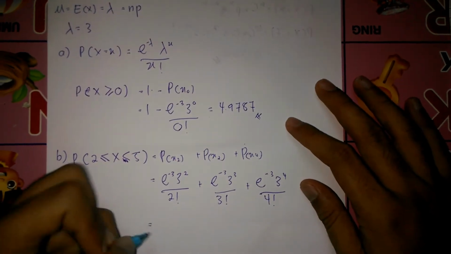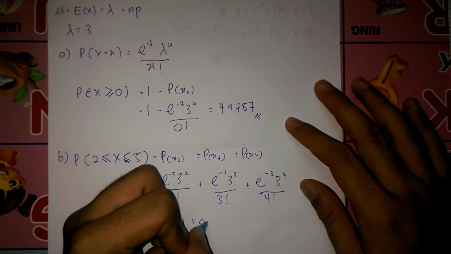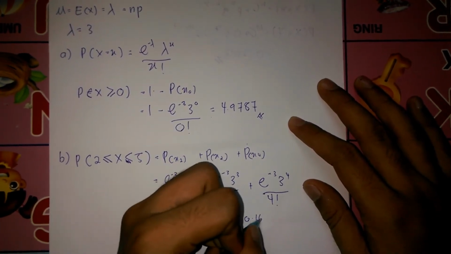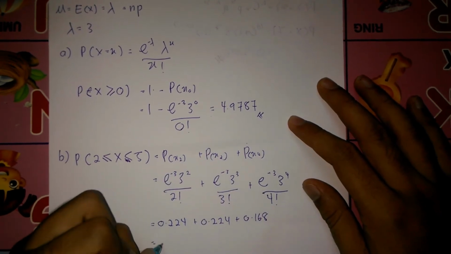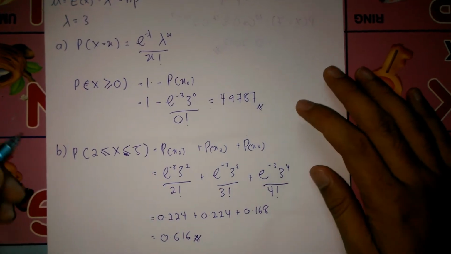So we get 0.224 plus 0.224 plus 0.168. The answer is 0.616 probability.